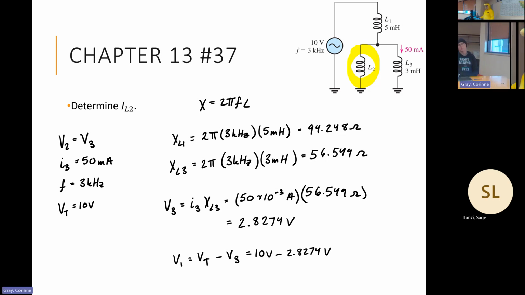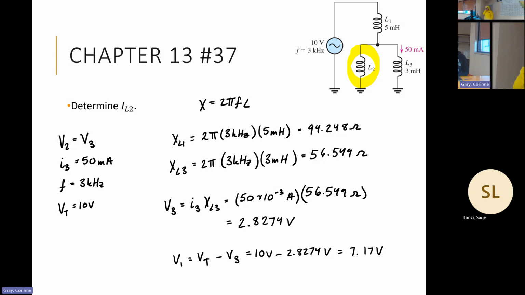At this point I got lazy writing stuff out and just started rounding things. I kept extra digits for my calculations, but got lazy in my notes, so apologies for that. This rounds to 7.17 volts.